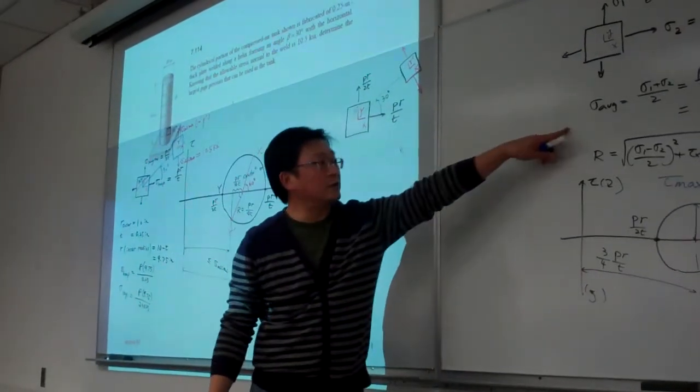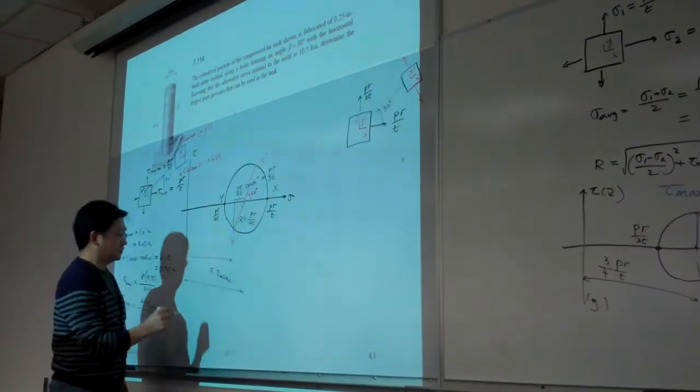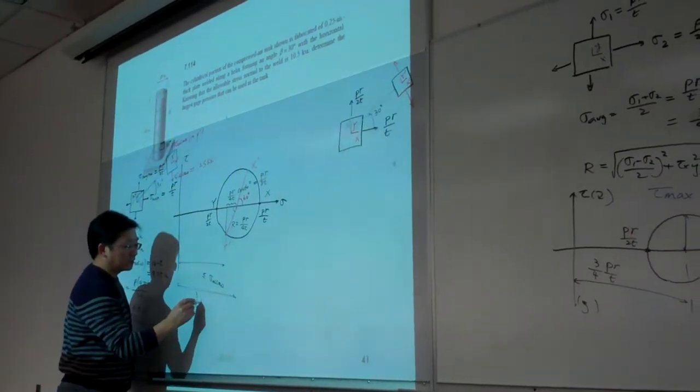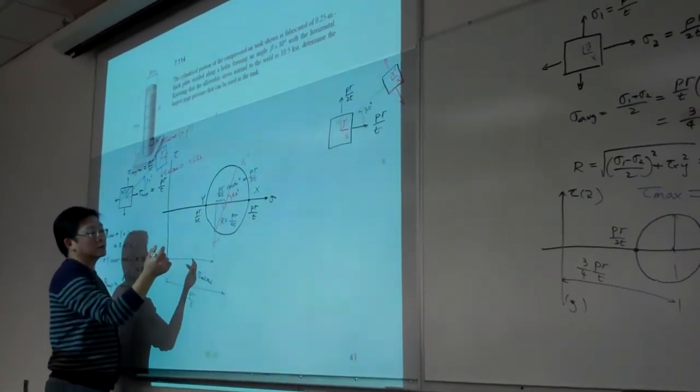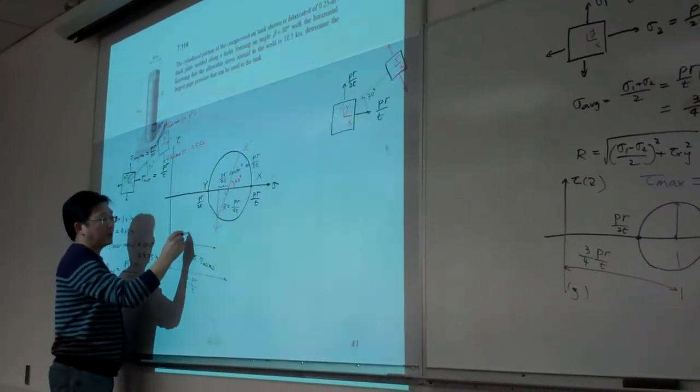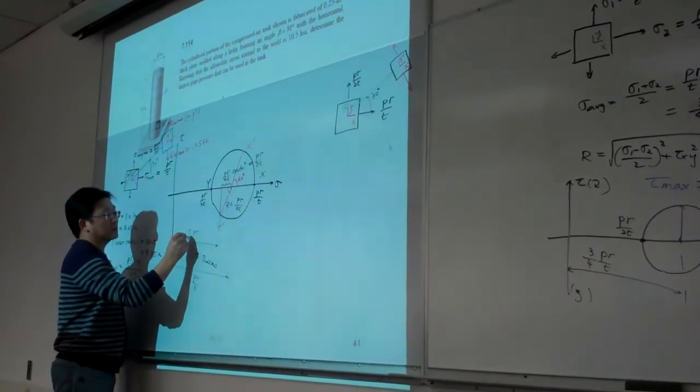The average is 3 over 4, this is 3 over 4 PR over T. So from here to here is 5 over 8 PR over T.